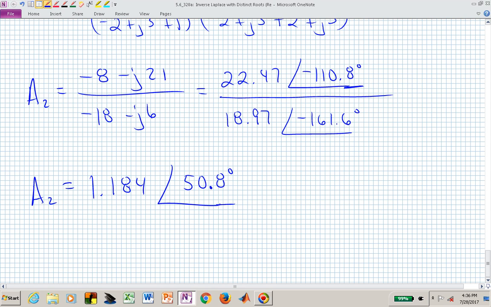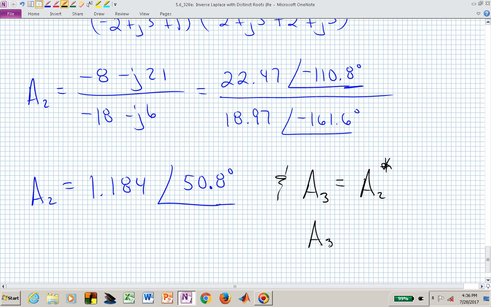Now we don't have to repeat that for a sub 3 because everything now is coming in complex conjugate pairs. Thankfully, once we found a sub 2, which we are associating with the pole in the second quadrant, a sub 3 is the complex conjugate of a sub 2.